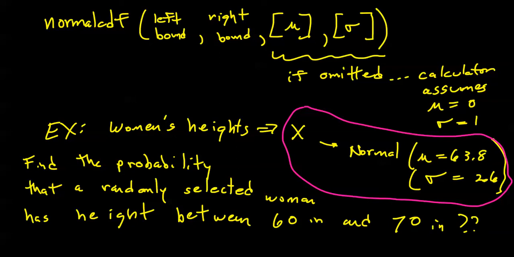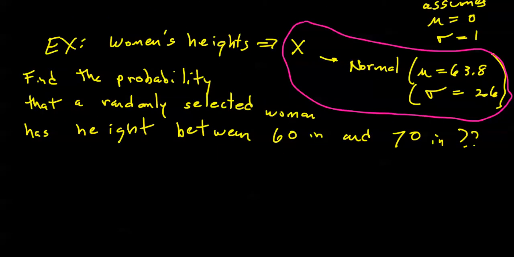Alright, so 60 inches is 5 feet. So what's the probability that a randomly selected woman has a height between 5 feet and 5 feet 10 inches? And you might consider that this probability should be on the high end, right? It seems that most adult women have heights between these limits.